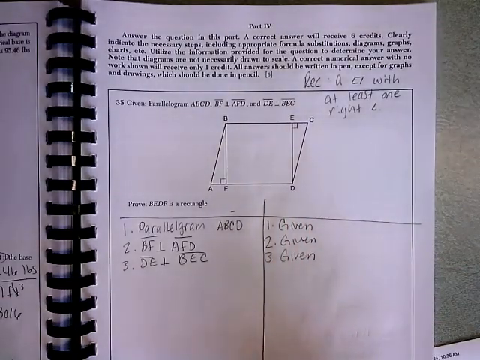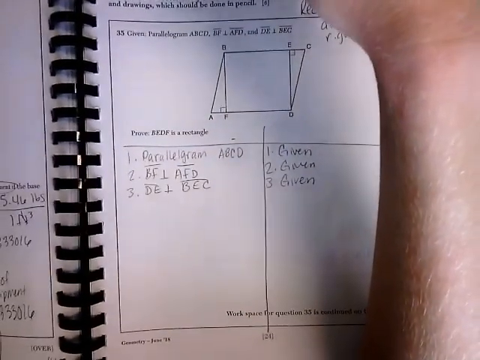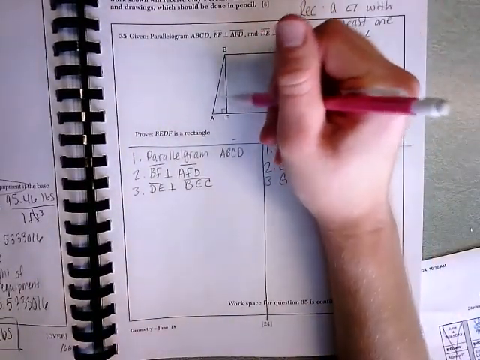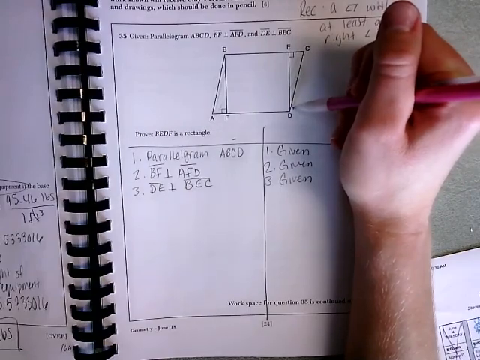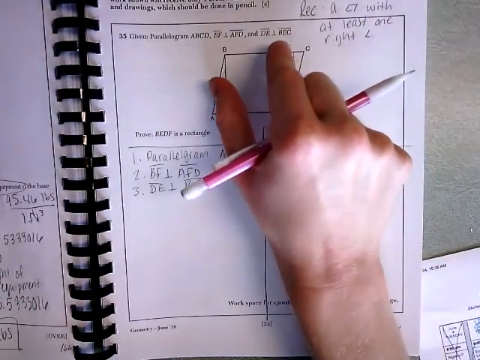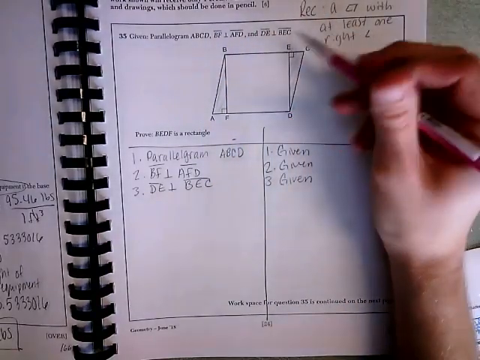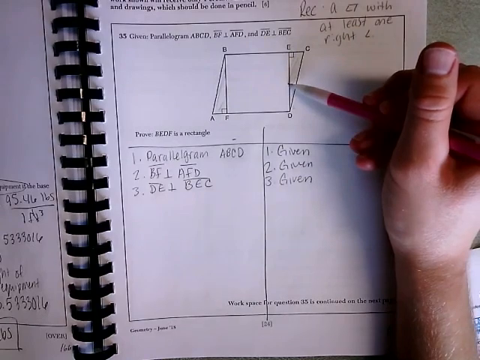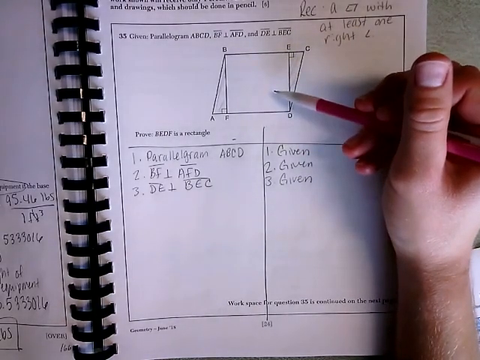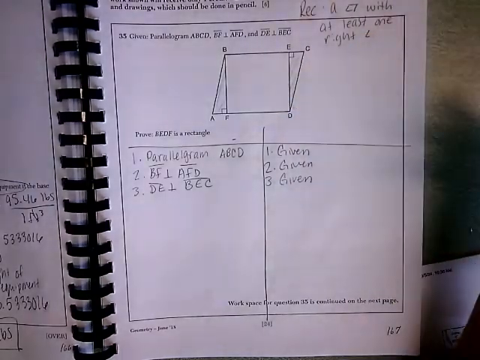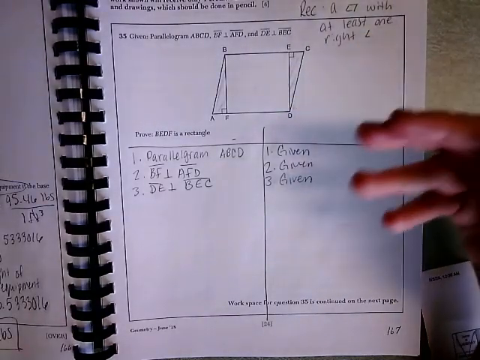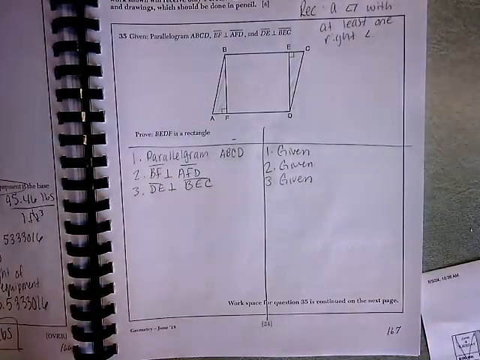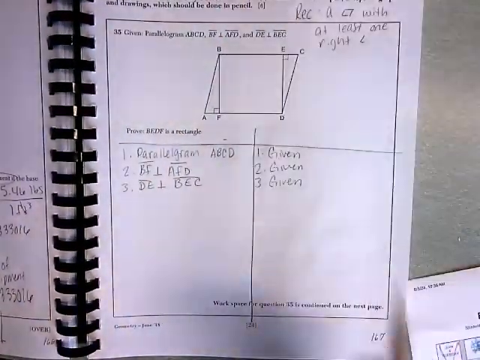Okay. Now, how I like to go about this proof is to try to prove these two triangles congruent first, and then we can get the opposite sides, BE congruent to DF and BF congruent to DE. So we can say that this is a parallelogram. There's probably different ways that we can go about this. This is just one way that I'm going to do this, okay?